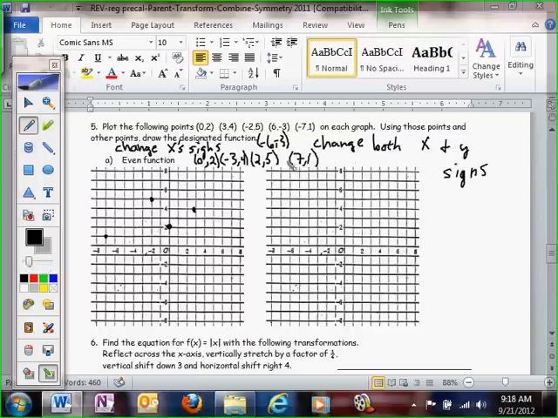So all I did was change each x value's sign to the opposite. If it was positive, it's now negative. If it was negative, it is now positive.